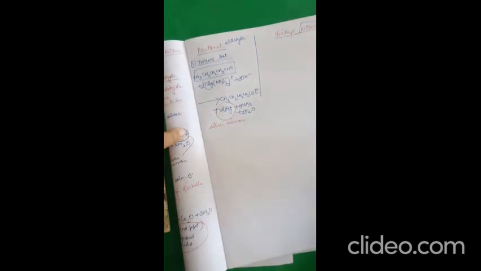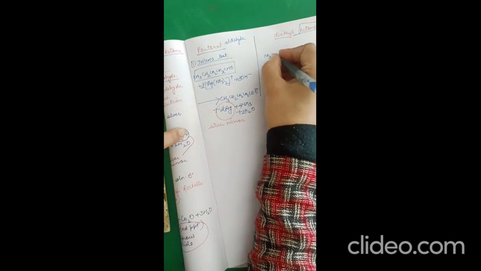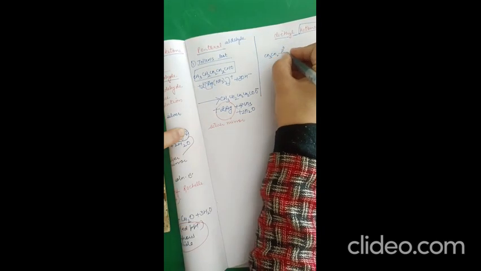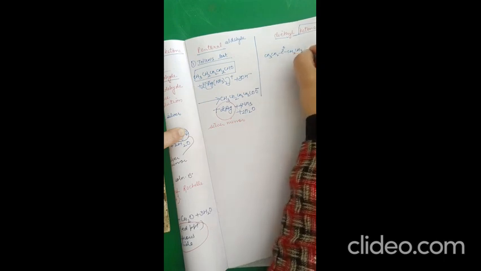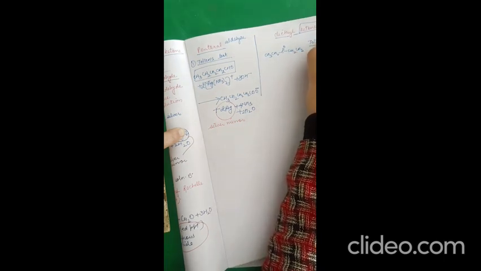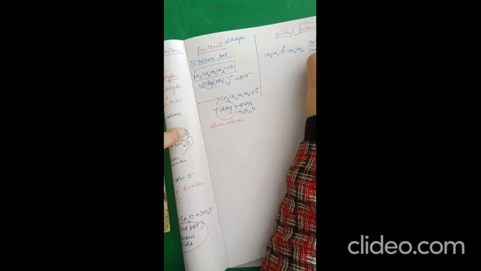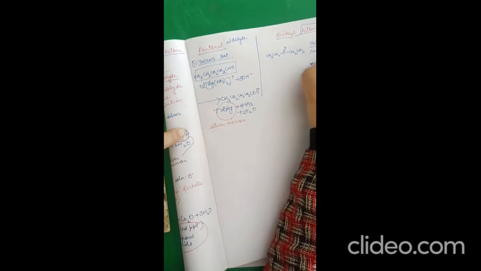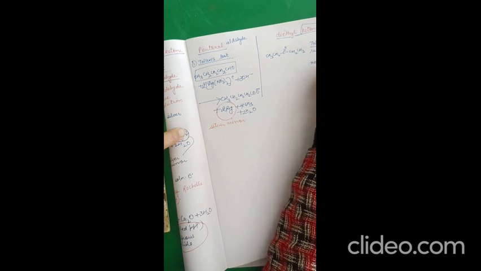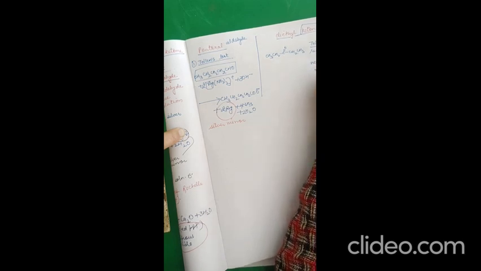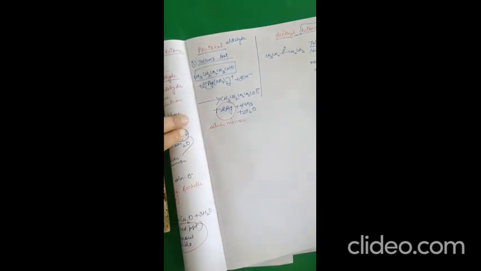But with diethyl ketone, CH3CH2C=OCH2CH3, when we add Tollens reagent to it, no silver mirror is formed, that's it. This is a very important question.